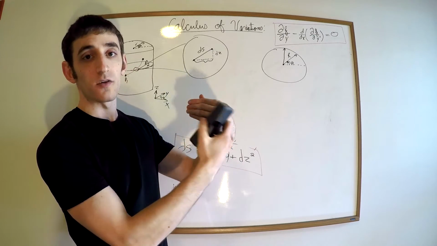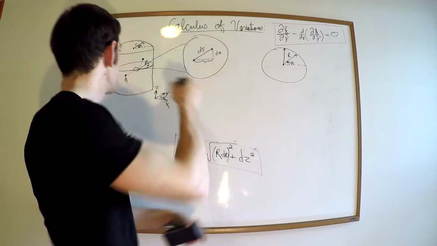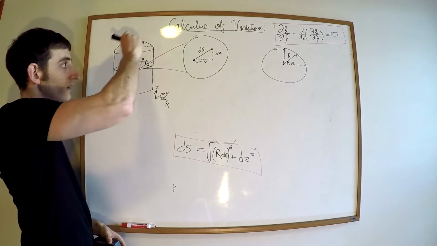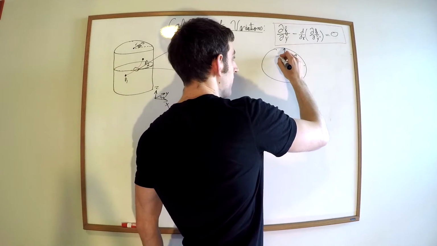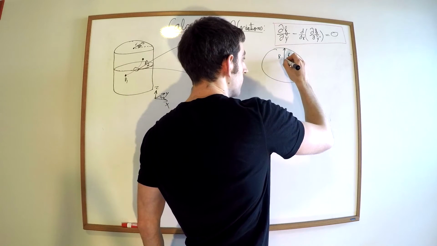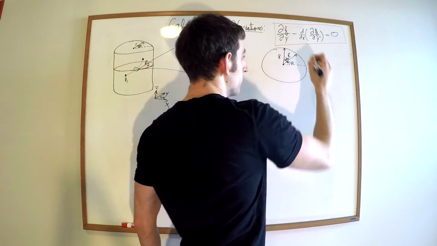We have to move along the surface here. So that's going to be a change in theta, right? That theta right there. So we're going to have a change in theta. I'm going to call that d theta.